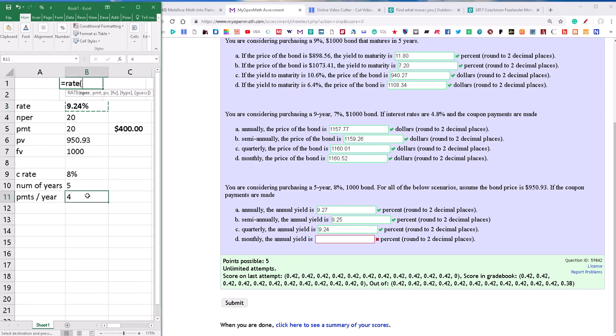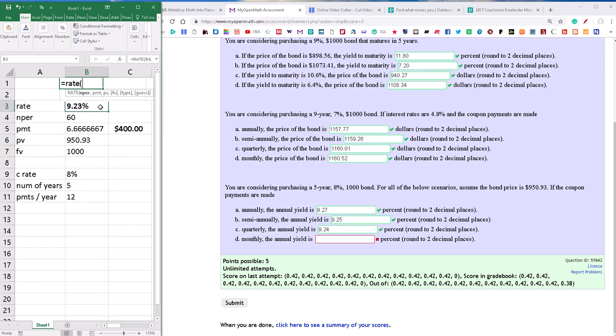Okay, now let's go to the monthly payments. Okay, so 8% of 1,000 is 80. 80 divided by 12 is $6.67 per month. The number of periods is 60 because 5 years, 12 payments per year.